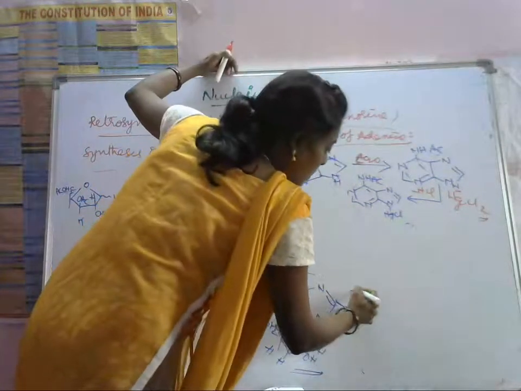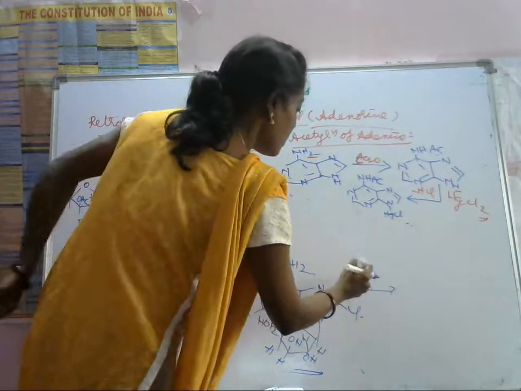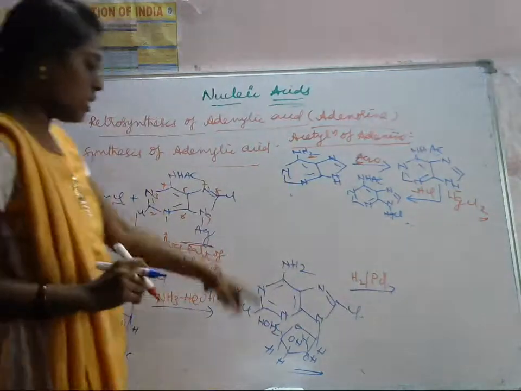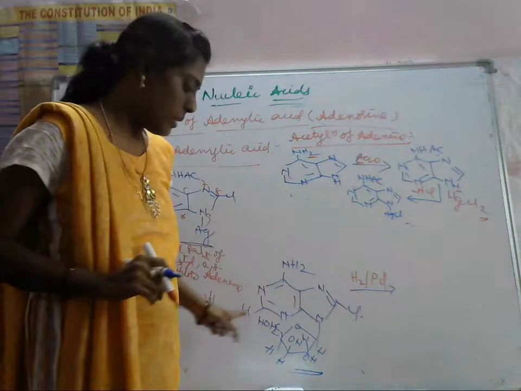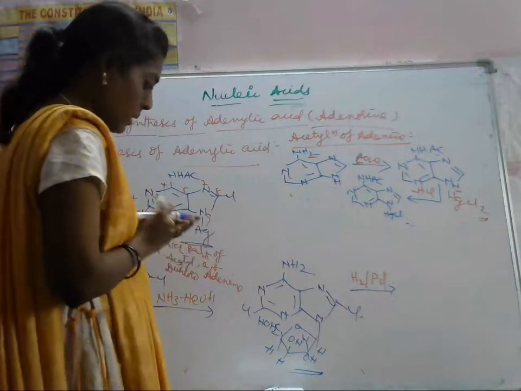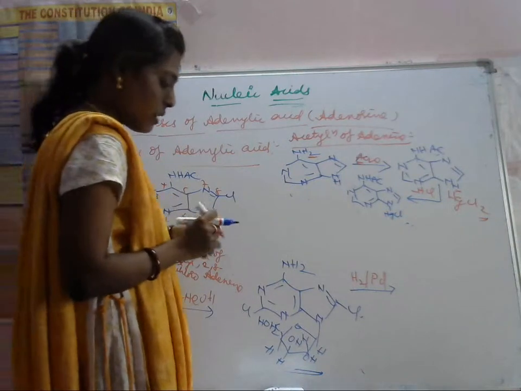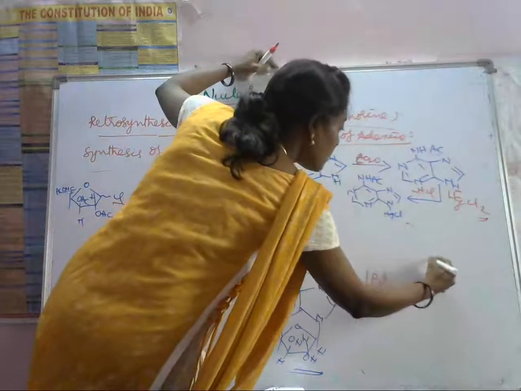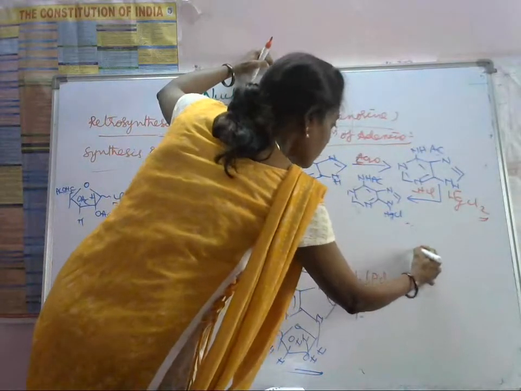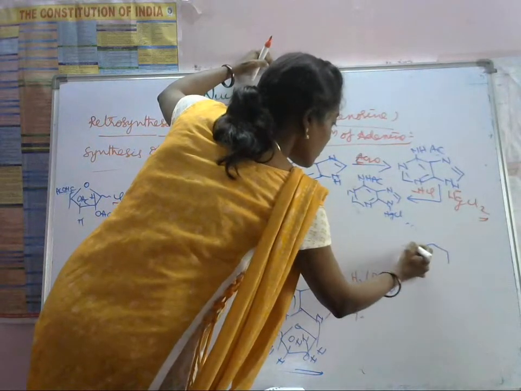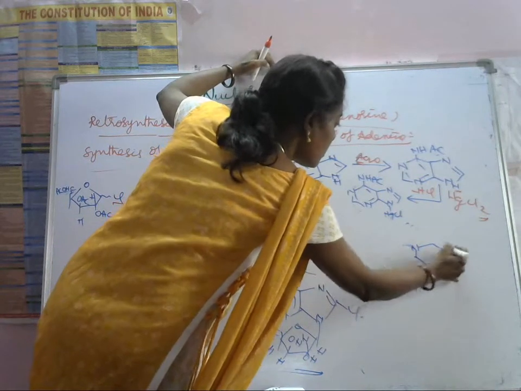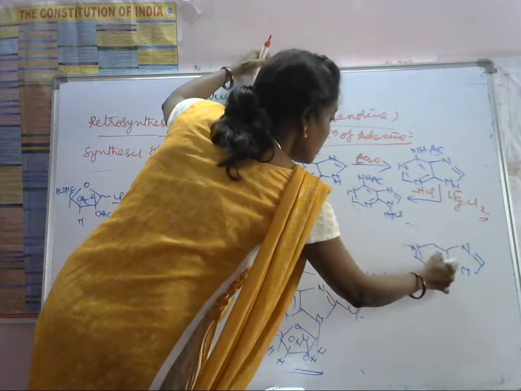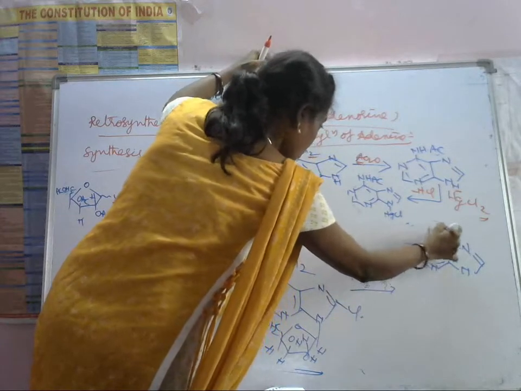If it is treated again with H2 in palladium, then these chlorines will be eliminated and form hydrogens. Nitrogen here, nitrogen, double bond here, NH2.